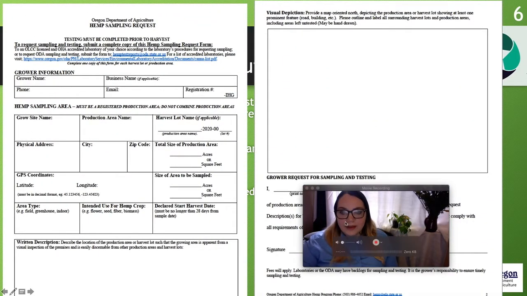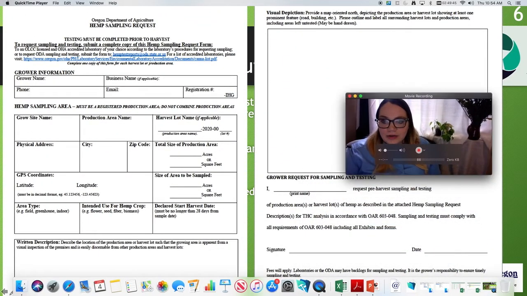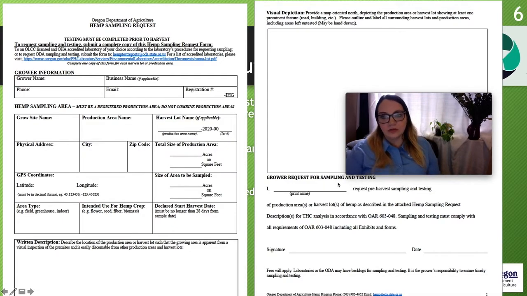Here's the form, and if you're not new here, you'll realize that this form looks a little bit different. I created these forms. I wanted them to be more clear and to really align more with our registration application so that growers have less errors when it comes to filling out this document. As you'll see, I've included the grower name and business name.